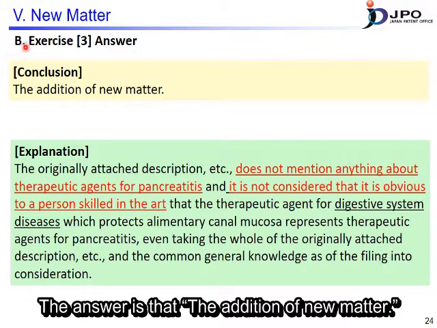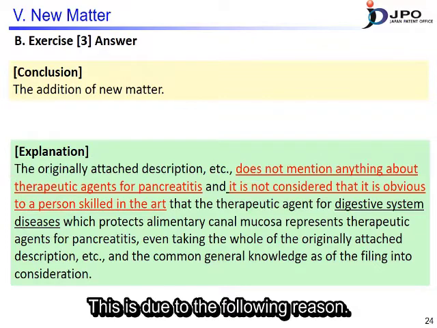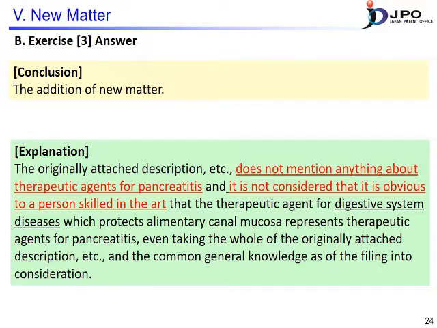The answer is yes. It's the addition of new matter. And this is the reason.